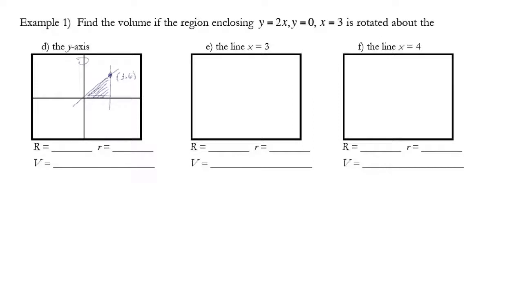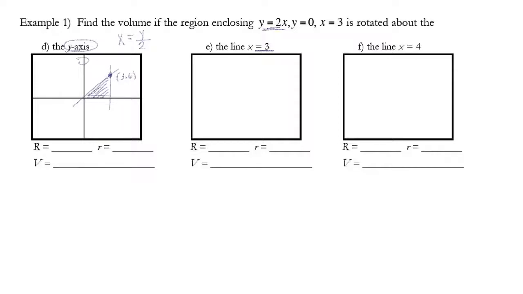Well, if we're going about the y-axis, or anything parallel to the y-axis, like x equals 3, we have to change our function from being a y equals to being an x equals. So that means that here y equals 2x, I'm going to divide both sides by 2, so x equals y over 2, or 1/2 y.